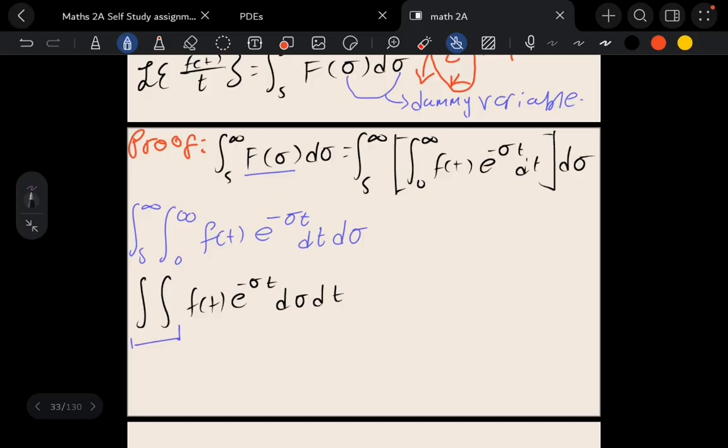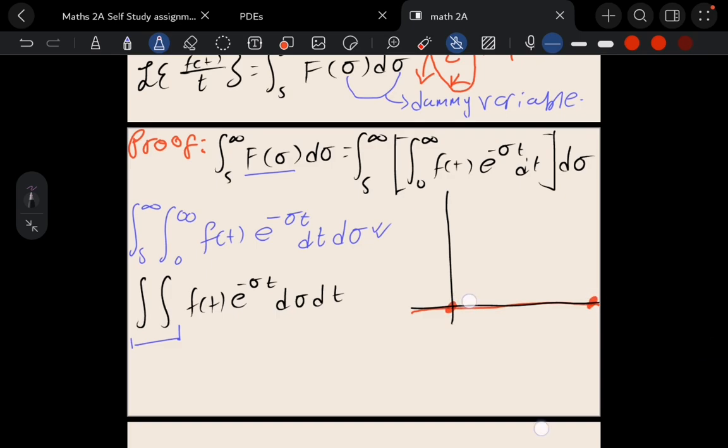I need to draw the diagram that represents the bounds in the original integral here. So if I draw the region using that, you can clearly see that t is here, when t is 0 and t is infinite.